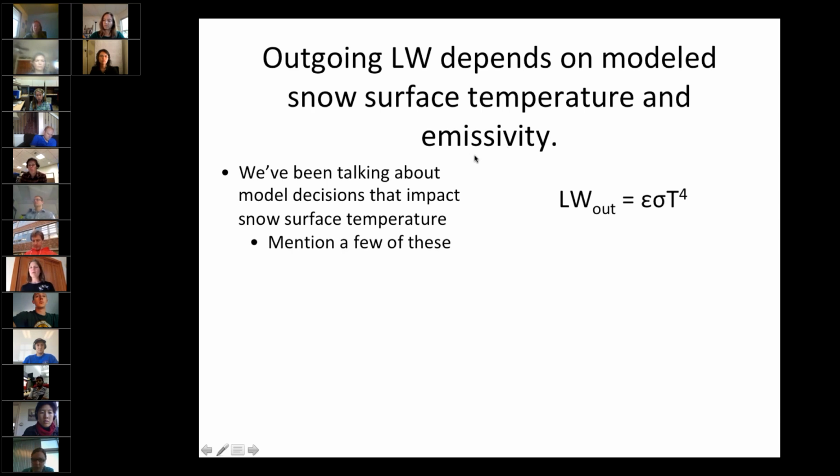So we've been talking about some model decisions that impact snow surface temperature. Which of these do you think might be most important, and what else might we want to be concerned about in terms of snow surface temperature? Any thoughts?